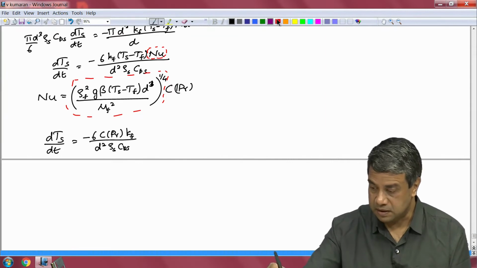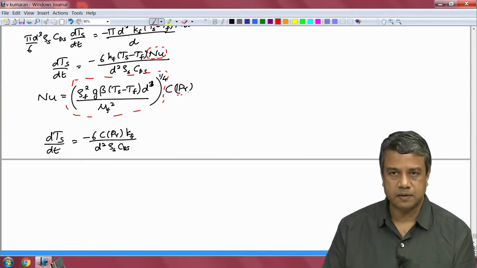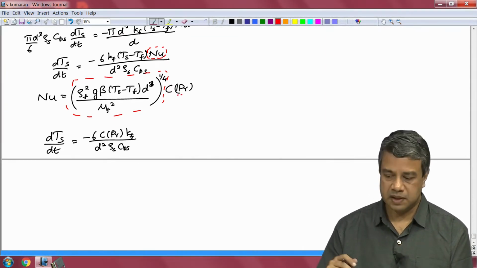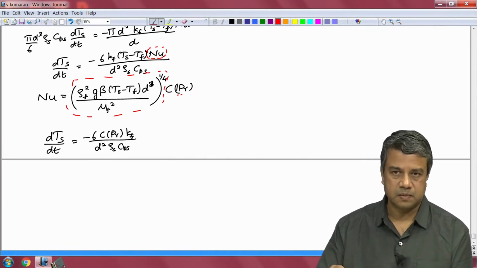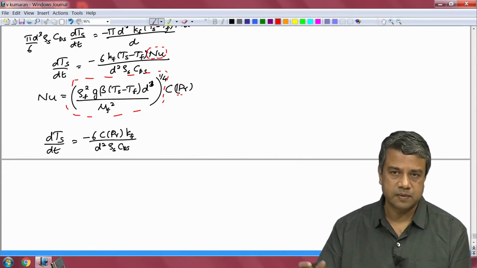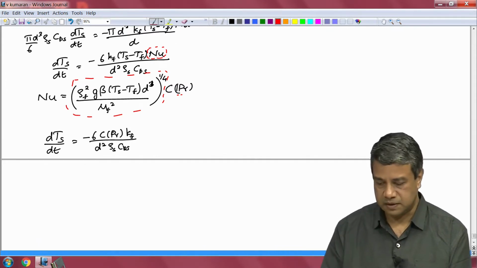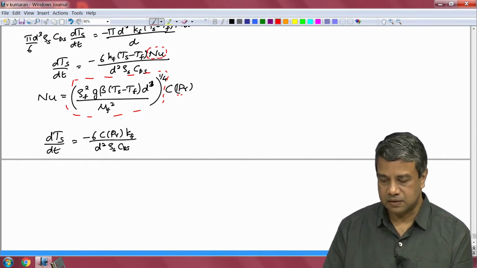Note that this Prandtl number is a material property, so it is a constant for a particular fluid. The Prandtl number is equal to Cp mu by K, which is a constant for a particular fluid. So, I can just incorporate that into the constants.